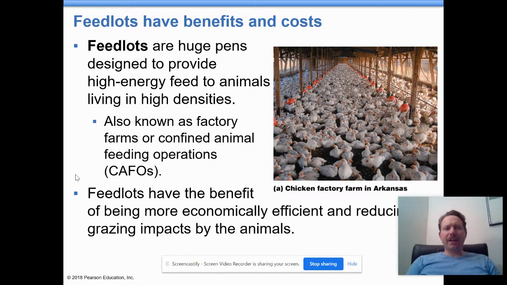They're given a really high energy feed so that it helps them grow really quickly. Benefits are that it's much more economically efficient to have this many organisms growing in a very small area. It also reduces the grazing impact of these animals.